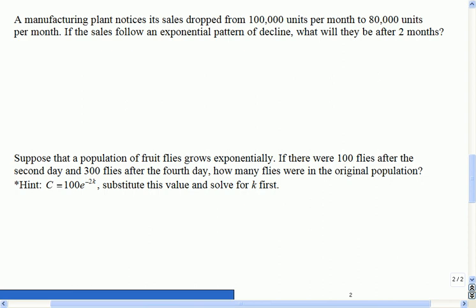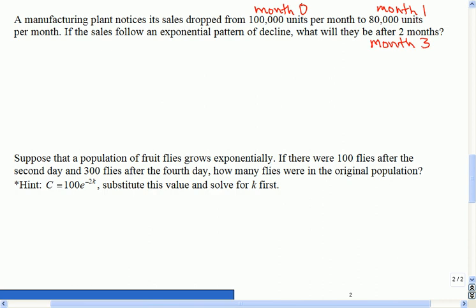So this is like month 0, and this is like month 1. And after 2 months, so like 2 more months? That's what I'm clarifying. So this would be month 3 now. Okay, just to clarify that.